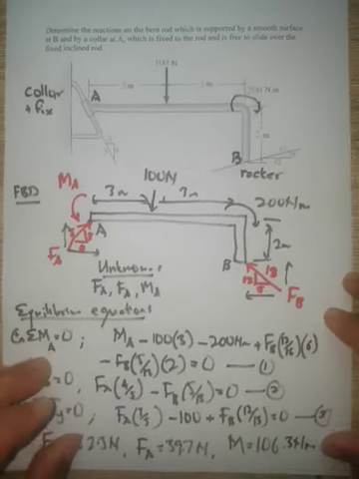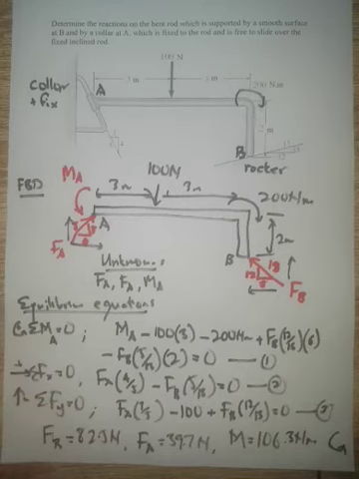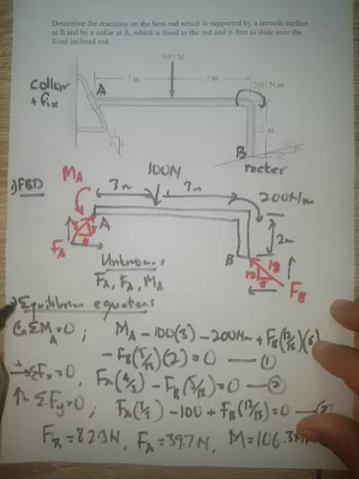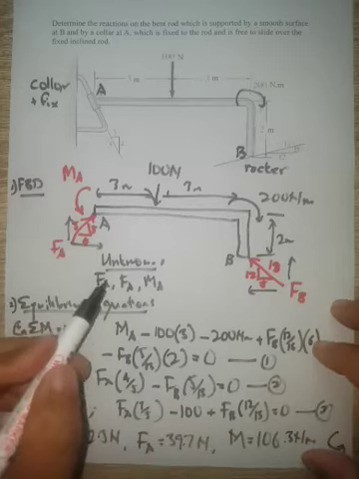So this is another example of how we are going to solve this kind of problem. The most important thing is to know how to draw the free body diagram, and next how to develop the equilibrium equations, and then solve the three simultaneous equations since we have three unknown values.